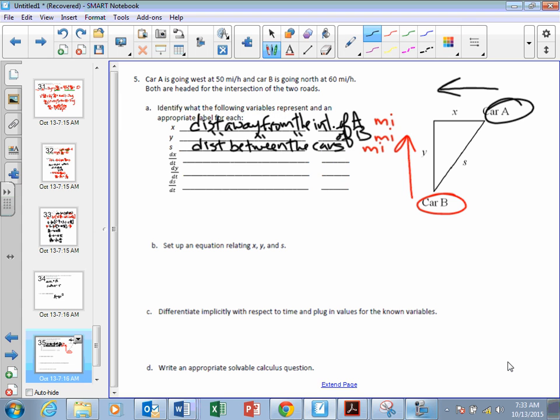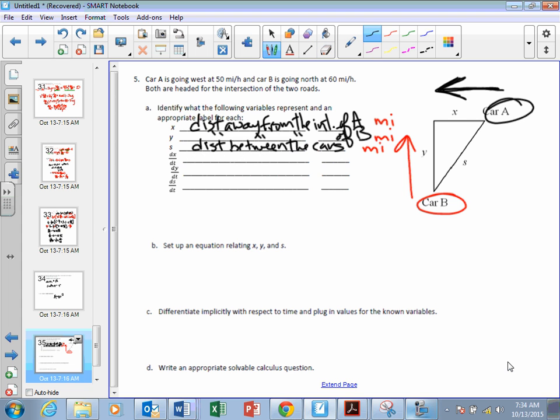Now, dx/dt, that's the rate of change of x with respect to time. So how x is changing over time. How is this black arrow that we've got, that distance, changing over time? Well, that's the rate that car A is traveling. Or let's be a little more specific. Not the rate at which car A is traveling.